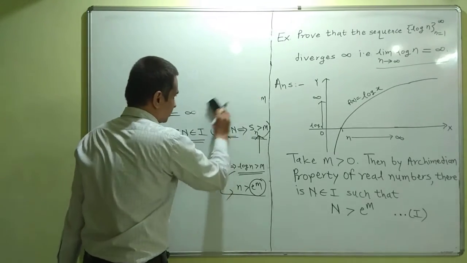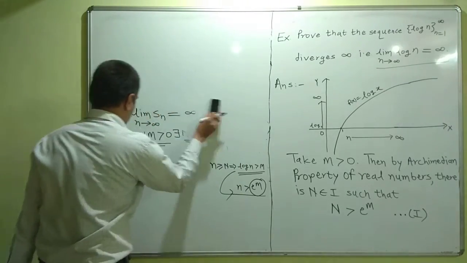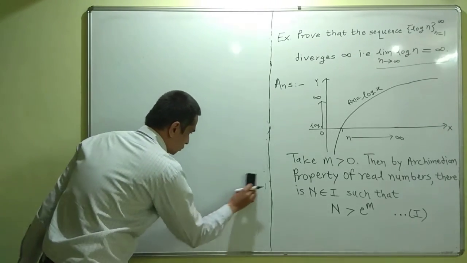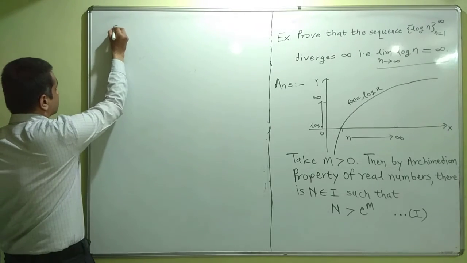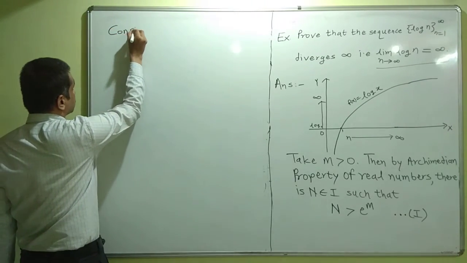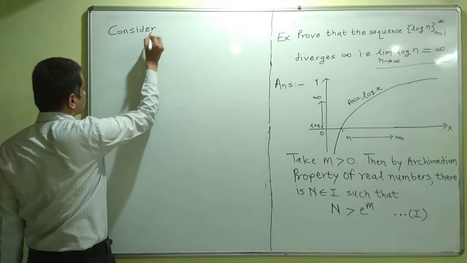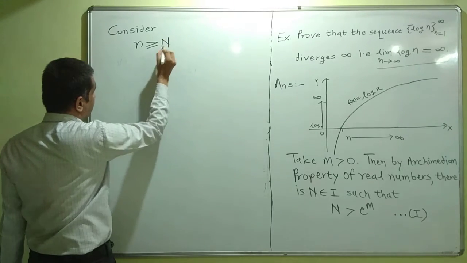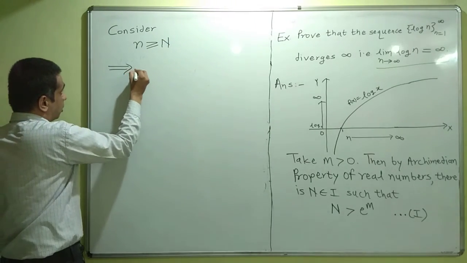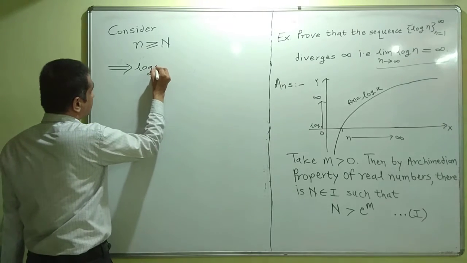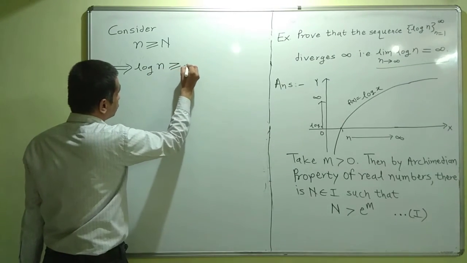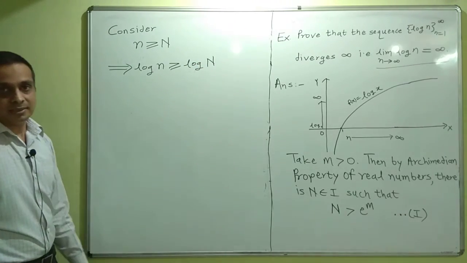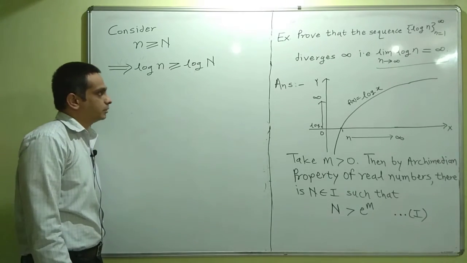So consider n greater equal to N. This implies log n is greater equal to log of N. Okay.